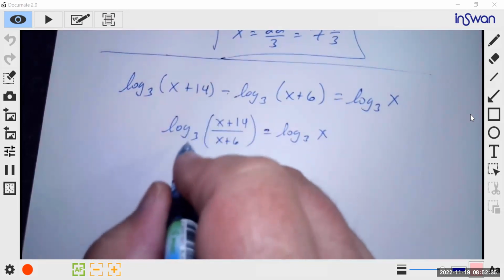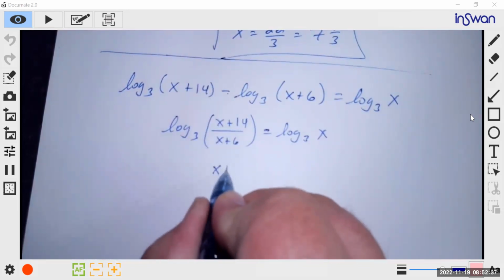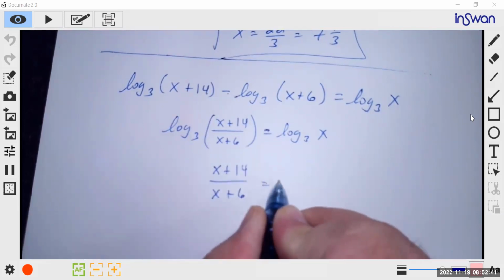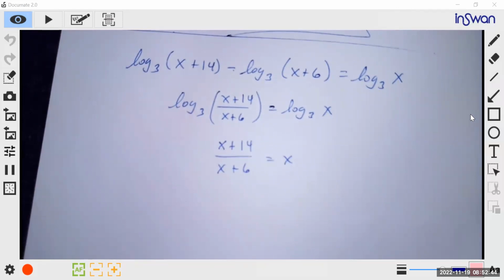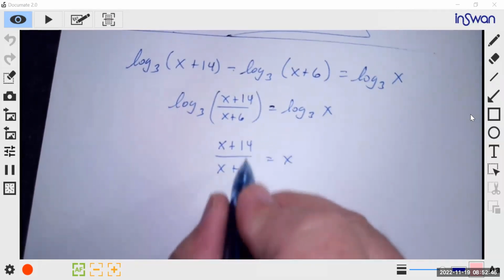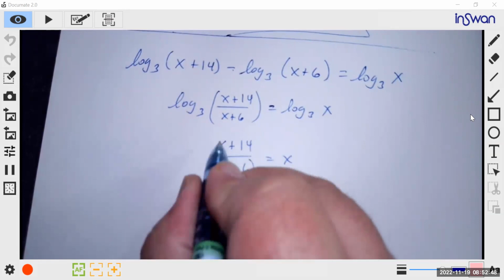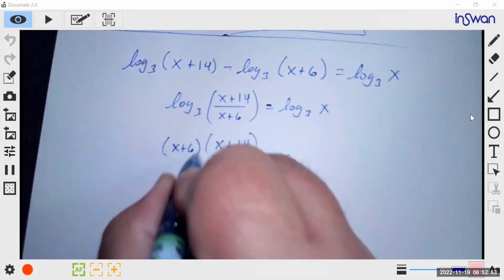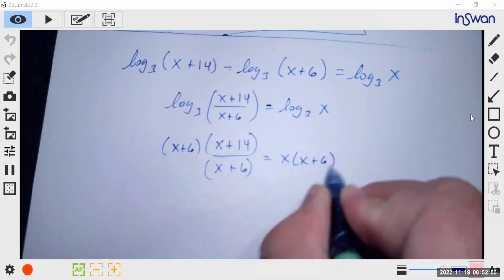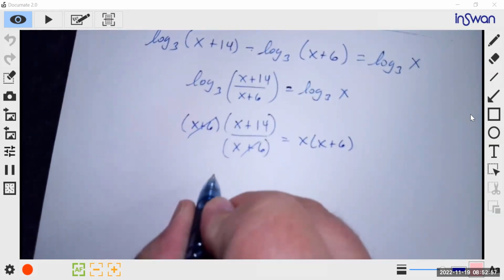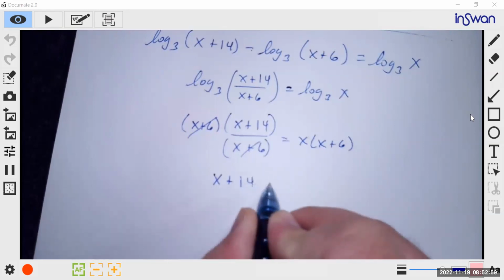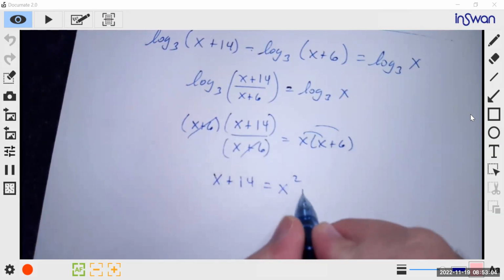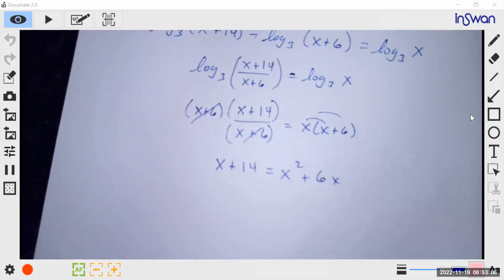Since they're both log base 3, the only way they're equal is if the equation parts are equal. We have a fraction and an equal sign, so multiply both sides by the LCD, which is x plus 6. x plus 14 equals x squared plus 6x.